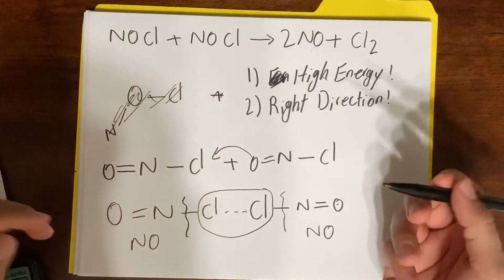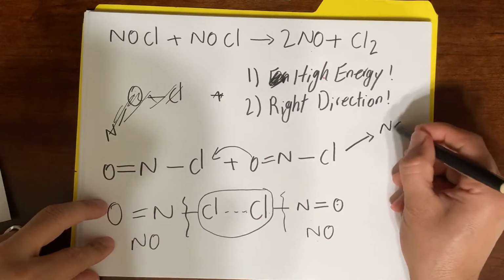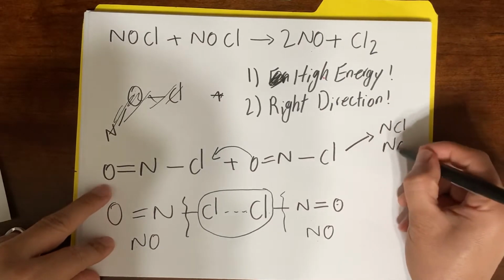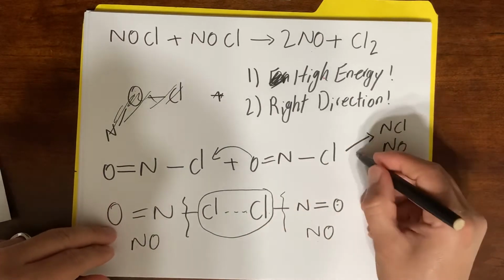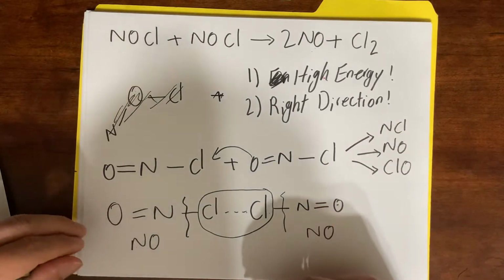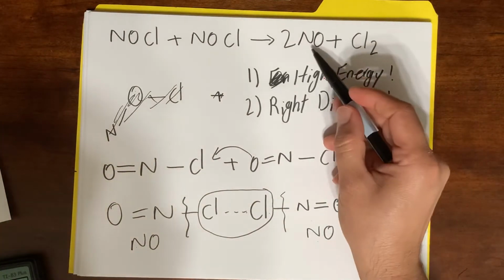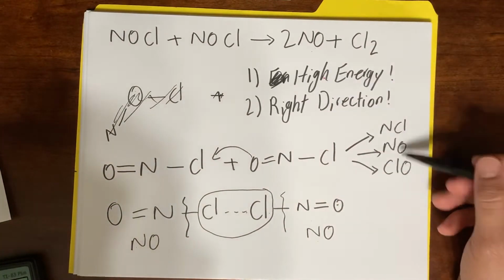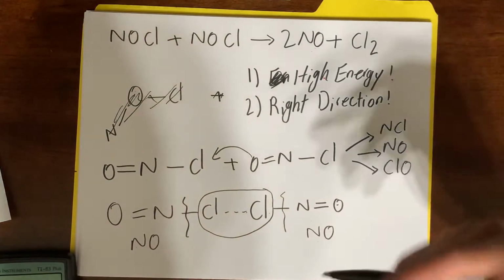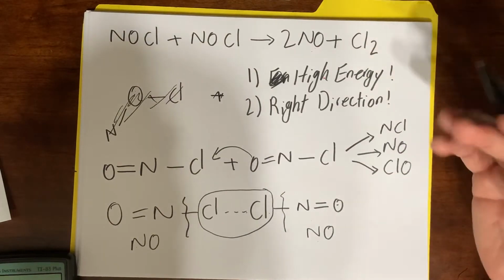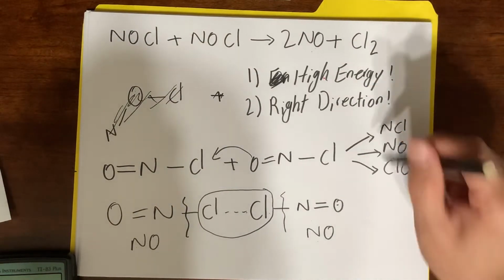The products can be, let's say, NCl, the second NO, and we might get ClO. Might get all these three products. Only one of them gave us actually the right product. The rest are side products. So they gave us some of the product, but not all of them.